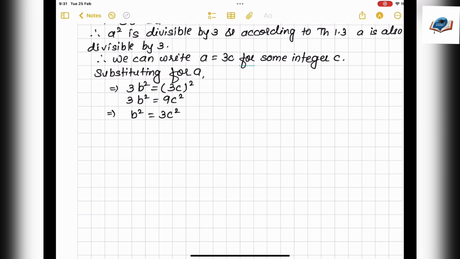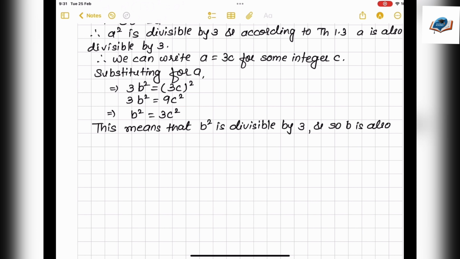I have divided both sides by 3. This means that b square is divisible by 3 and so b is also divisible by 3.